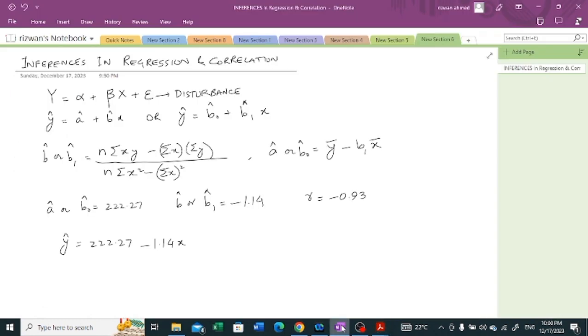So how do we predict this? Consider x is 35, which is representing age. Simply we can substitute the value of x in its place in the equation, and then we simply work out the answer. And the answer is 182.37.